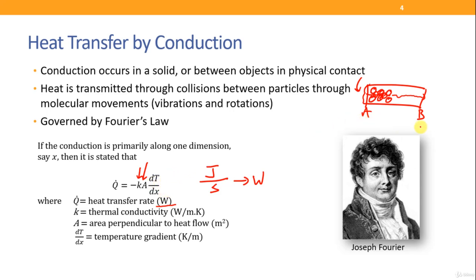Let's say from point A to point B, it will be temperature at point B minus temperature at point A. So this is the delta T, dT. And what is dx? dx is the difference in distance. So if this value is x, that will be dx: distance at B minus distance at A. So dT/dx, we also call it the temperature gradient.